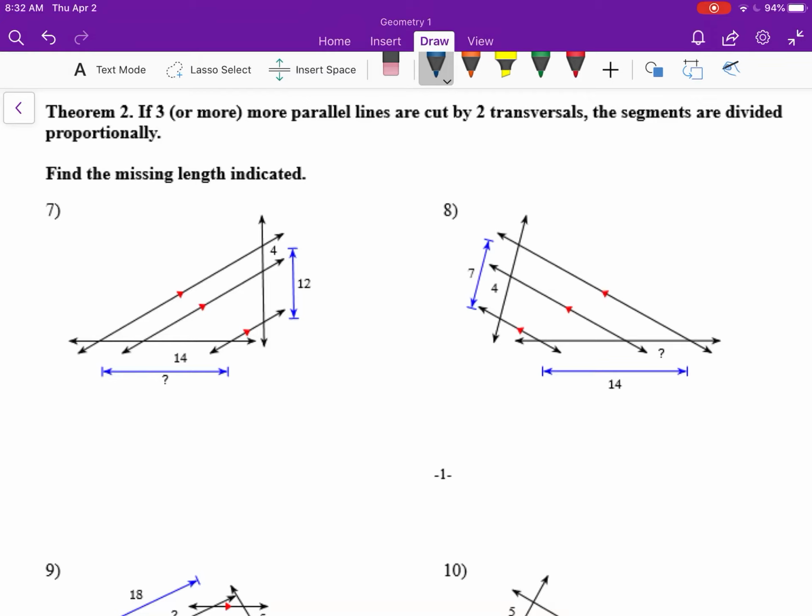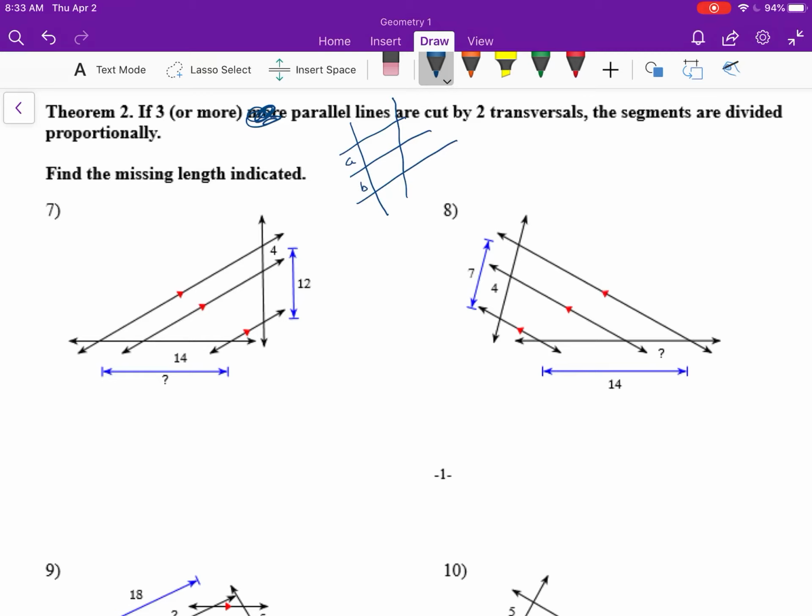So the theorem says if 3 or more parallel lines are cut by 2 transversals, the segments are divided into proportional parts. So let's say we have parallel lines cut by transversals.